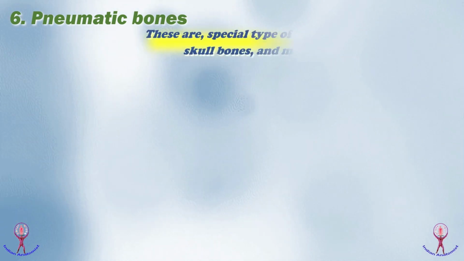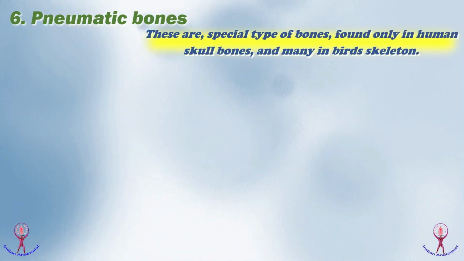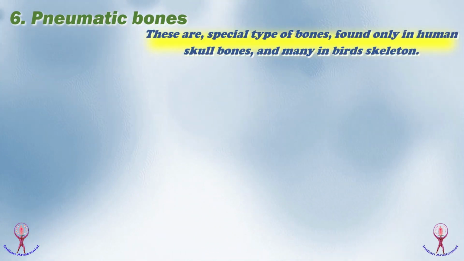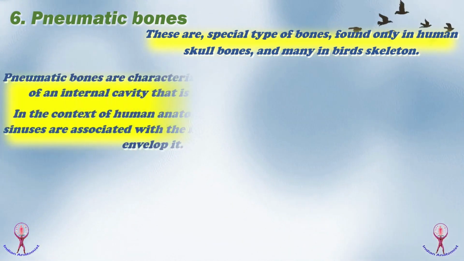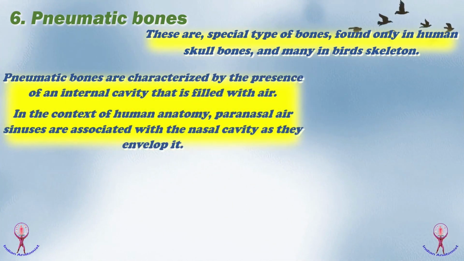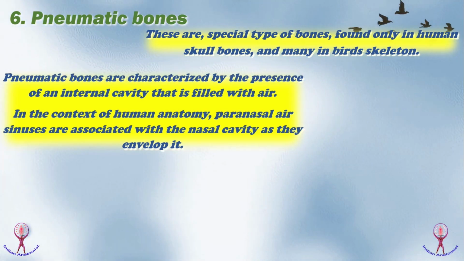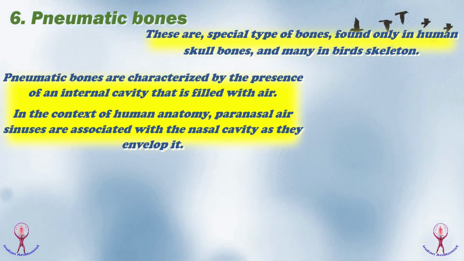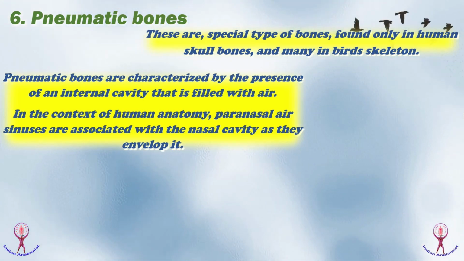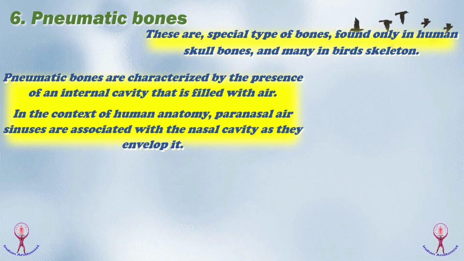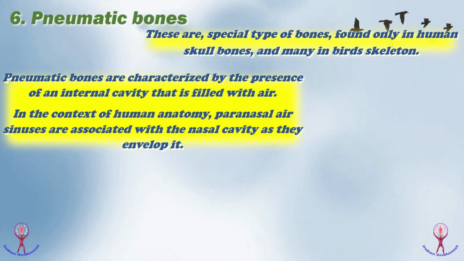These are a special type of bones, found only in human skull bones, and many in the bird skeleton. Pneumatic bones are characterized by the presence of an internal cavity that is filled with air. In the context of human anatomy, these bones form the paranasal air sinuses, which are associated with the nasal cavity as they envelop it.